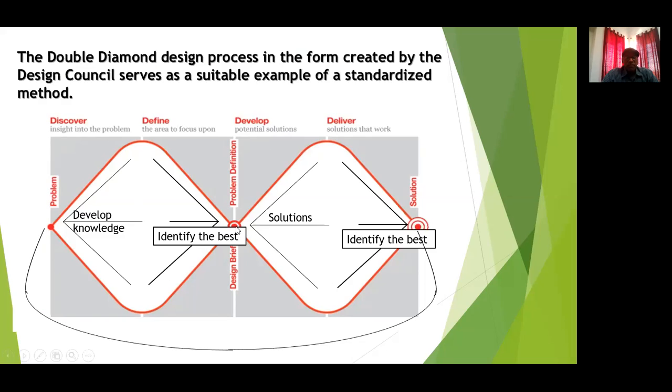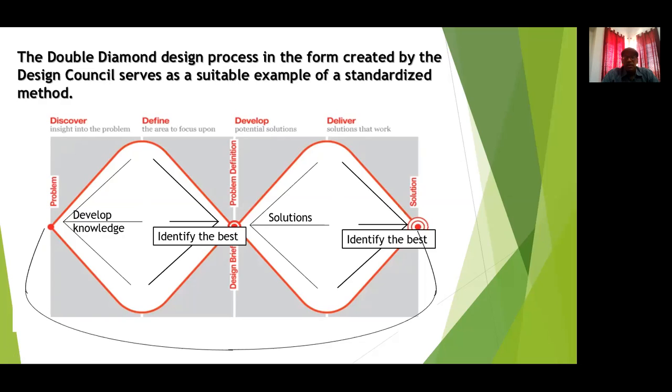Once you have a problem definition in hand, you have to develop the solutions. Again, you think of as many possibilities as possible and develop several solutions. It is quantity, not quality. This is again a divergence. So it is convergence, divergence, and again divergence. Then you need to find the best one that is going to fit the users.